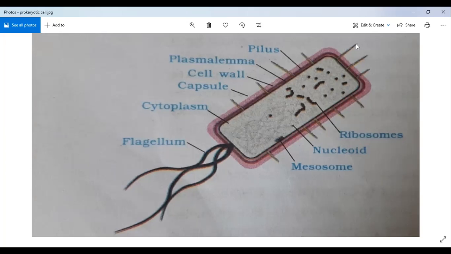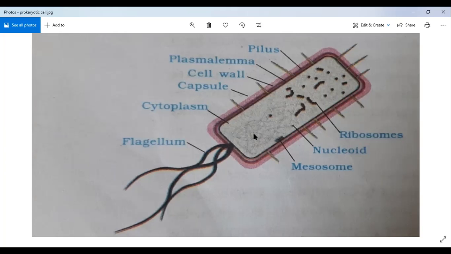And in eukaryotic cells, eu stands for true, karyon stands for the nucleus. So the cells that possess a true nucleus are considered eukaryotic cells.